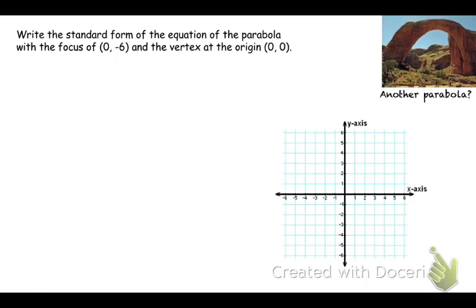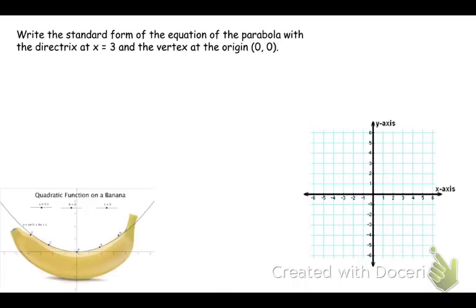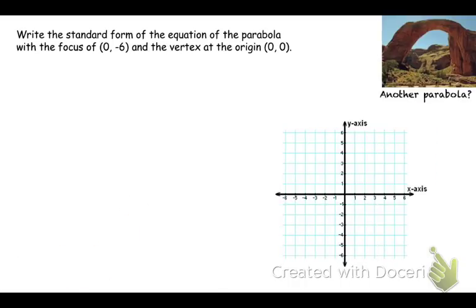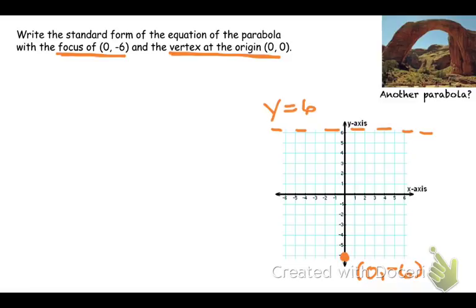In this example, it's asking us to write the standard form of the equation given that the focus is (0, -6). So we know we're going to go down to (0, -6). The vertex is the origin (0, 0), and our directrix is going to be y equals 6, because it's the opposite of our negative value.